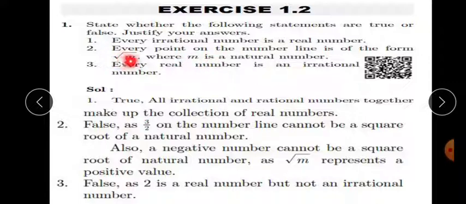So what is root 1? Root 1 means 1. If I take 2, then we'll get root 2. Now root 2 we cannot plot on a number line. Remember, irrational numbers, if we want to plot, it cannot be on the same number line.